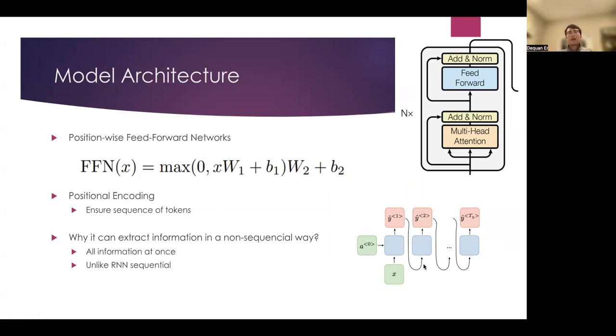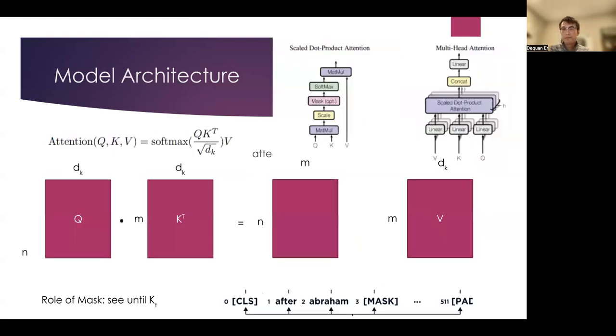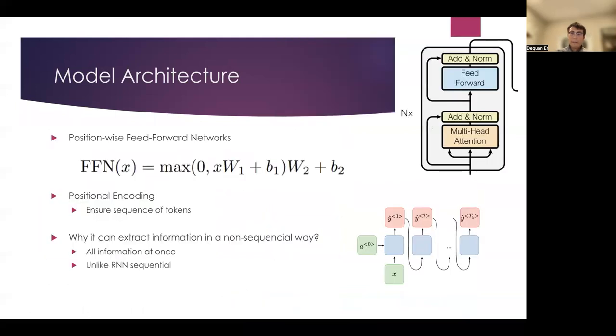In such a way, you have to wait for the previous to finish, so it's very difficult to do parallelization. But here, this attention layer can extract all the information of the sentence at once, so it's easy to parallelize. So that's the major reason why the transformer became the foundation for many other models.